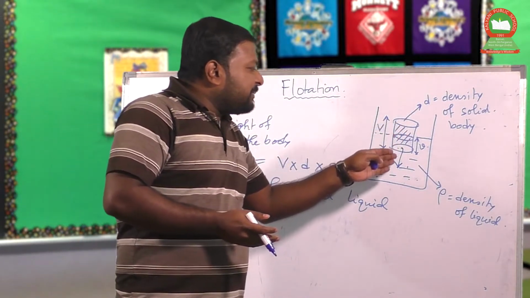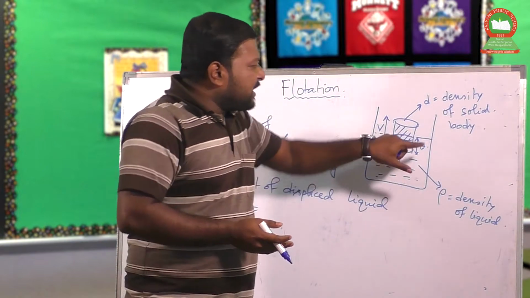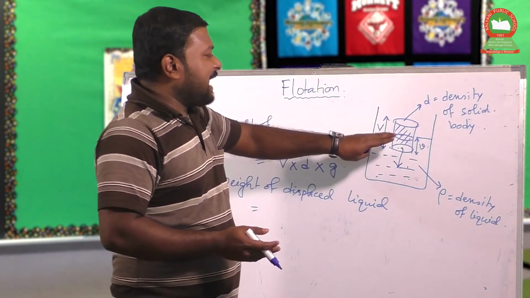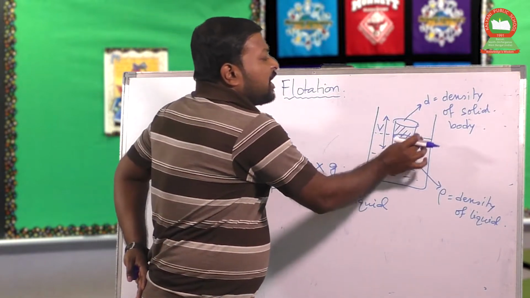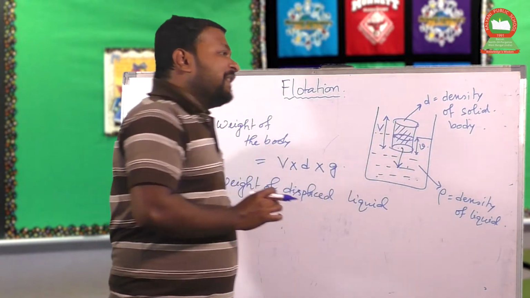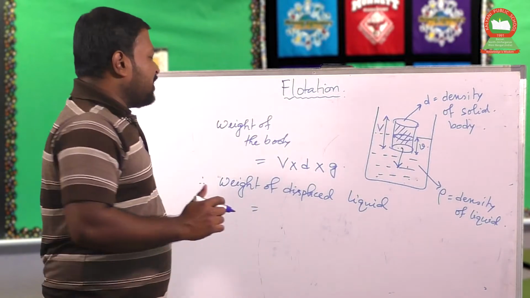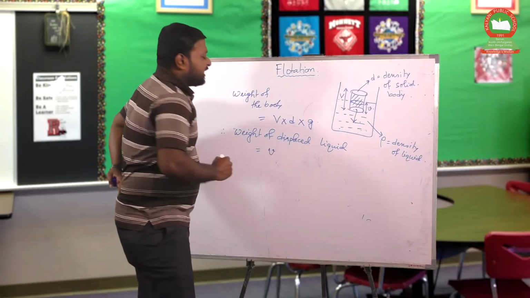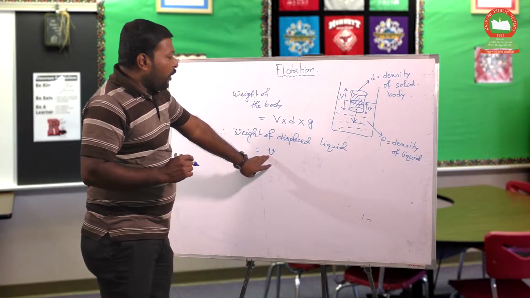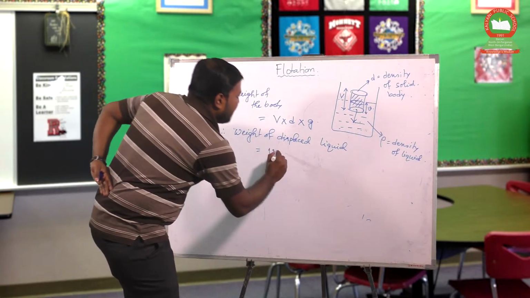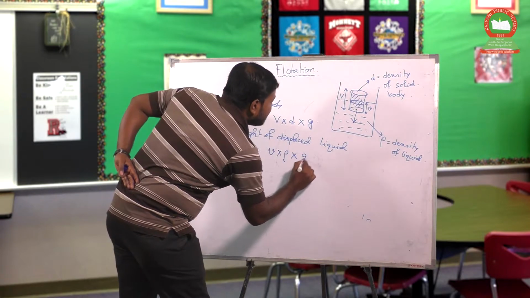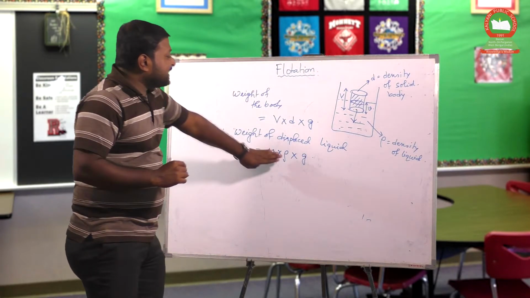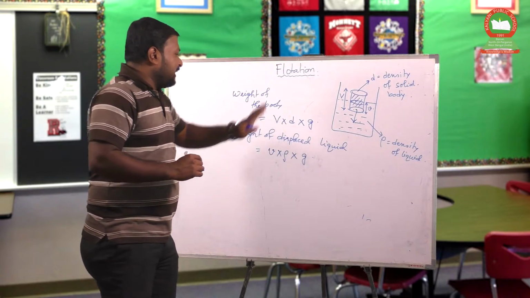As the solid body is immersed, a volume of small v is taken up by that fluid or liquid. That's why small v amount of liquid should be displaced by that solid. So the volume of the displaced liquid is small v, density is rho, and g is the acceleration due to gravity. So this is the weight of the displaced liquid.